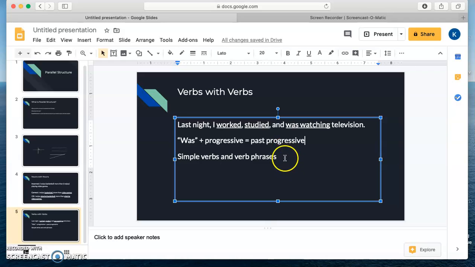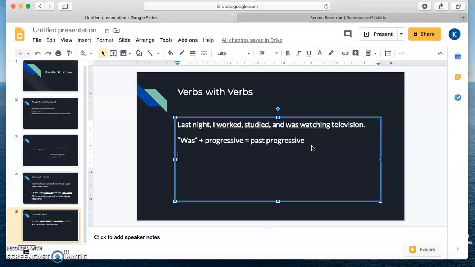Well, that's not simple at all. And so what we need to do is we need to work to make all of these verbs either simple verbs, and it's easy. We can do either one. I would recommend making them both simple verbs, but that's just for simplicity's sake.